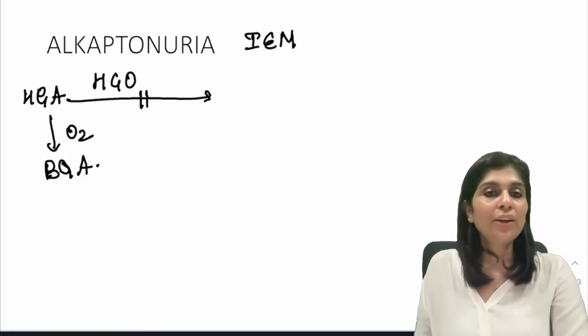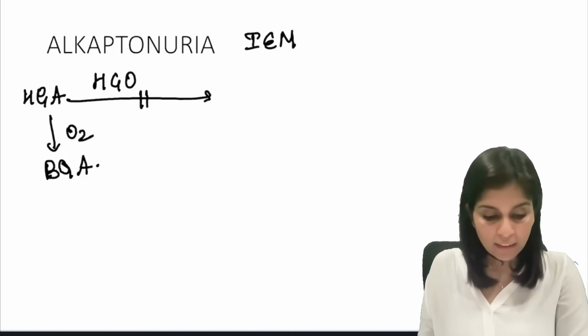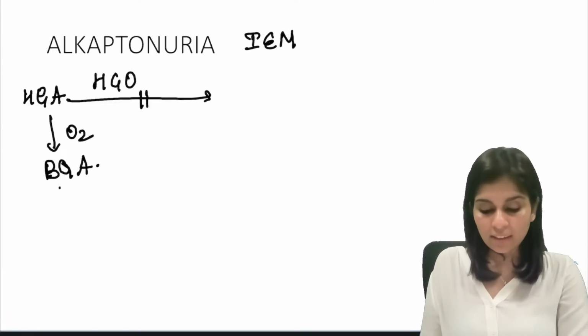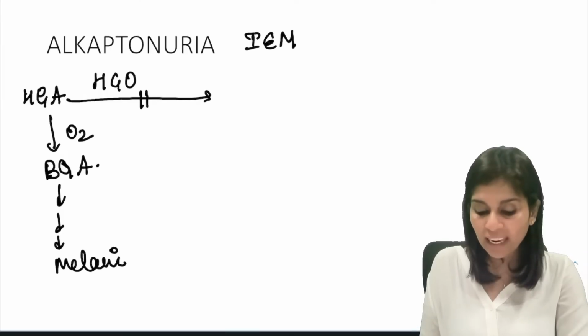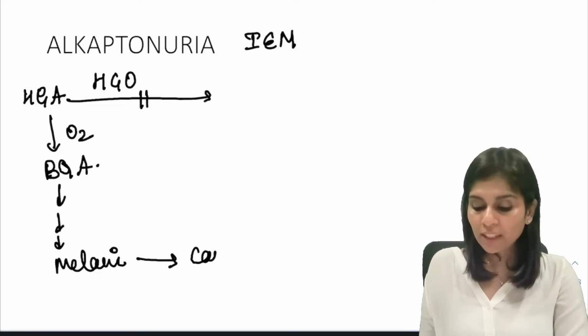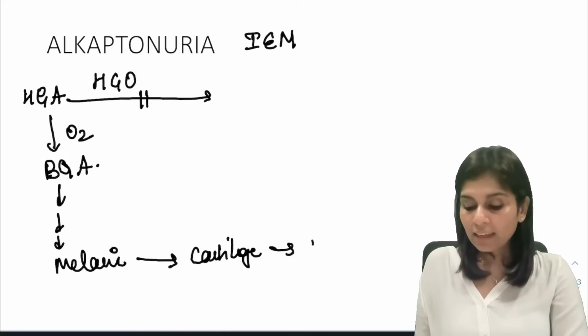It causes high anion gap metabolic acidosis. This benzoquinone acetate undergoes polymerization to form melanin-like fibrils, and this melanin-like fibril accumulation in the cartilage causes cartilage destruction, and that is responsible for ochronosis.